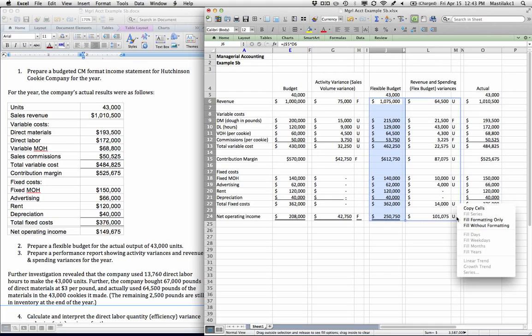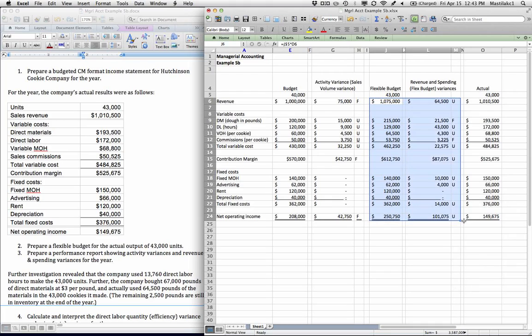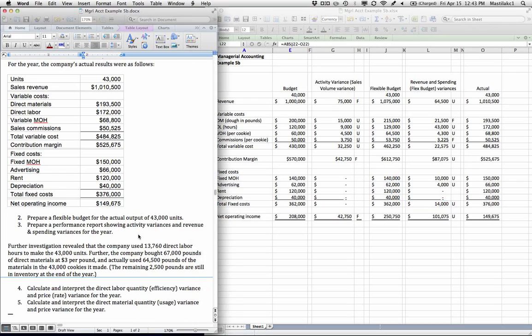And we're putting the numbers and the evaluations on there so we know how to interpret these variances. We know whether something is good or bad. So that is requirement 3, a performance report showing activity variances, also known as sales volume variances, and revenue and spending variances, also known as flex budget variances.